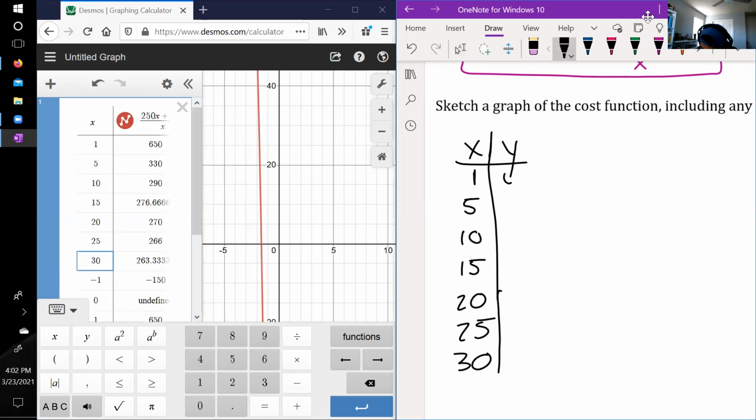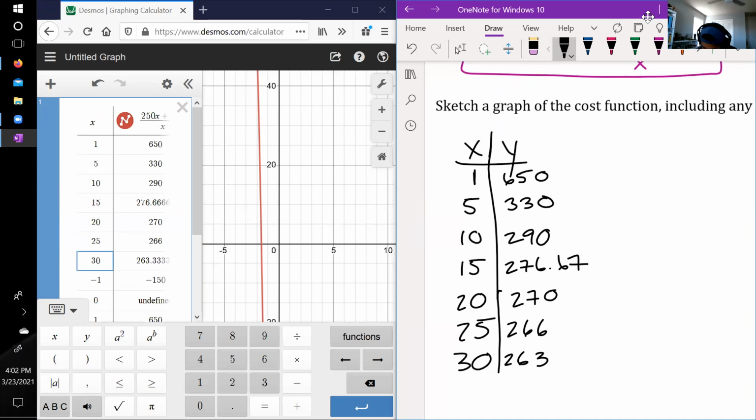And I get 650, 330, 290, 276.67, 270, 266, and 263.33.